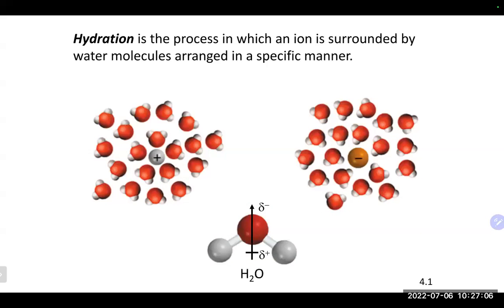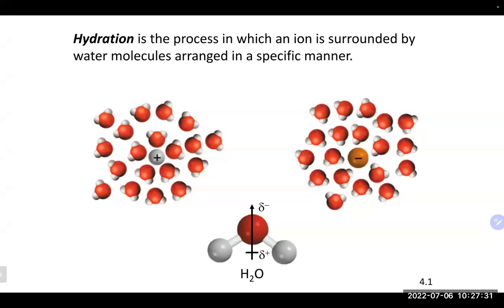Now, obviously, what happens when ions go into solution, especially where water is involved, because water is a polar molecule, there's a positive side and a negative side. It surrounds the ions in solution, and that's what keeps them apart from each other. There's a very strong attractive force between the positive ion and the negative ion, so the water almost acts like a buffer to prevent them from coming back together.